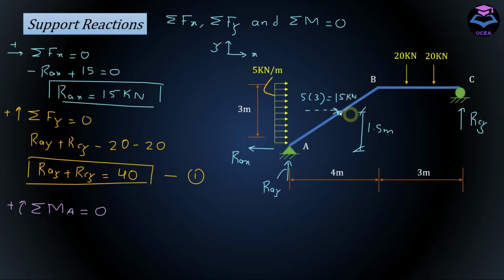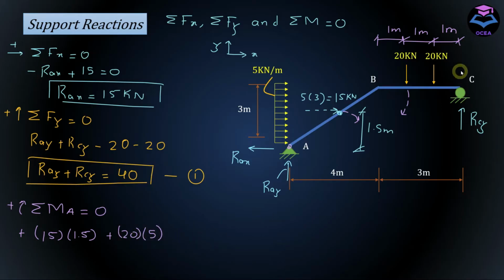So first of all, we have this 15 kN force with a perpendicular arm of 1.5 meter, and we have this 20 kN force creating clockwise moment about point A, and it has a perpendicular arm of 5 meter. 1 plus 4, 5, so 20 into 5. And this 20 kN force has a perpendicular arm of 6 meter. 1 plus 1, 2, plus 4, 6.